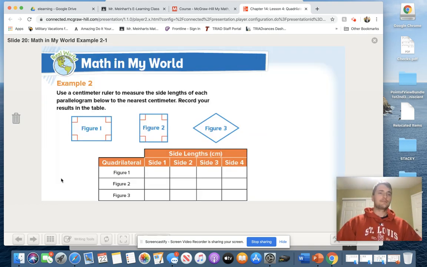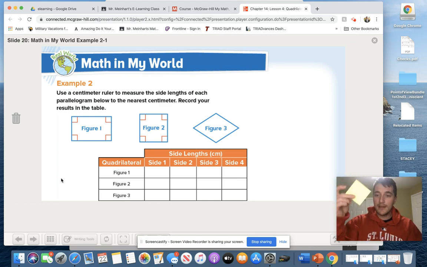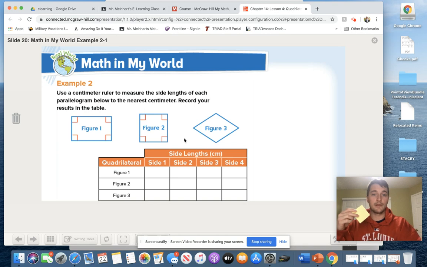All right. So this says to use a centimeter ruler. Now, if you don't have a ruler, you can get a piece of paper. You can mark it. So say if I had, let me pull up my sticky note here. So say if I had this sticky note, right? And I had all these shapes right up here on my paper. I could take the sticky note and put it on each side.